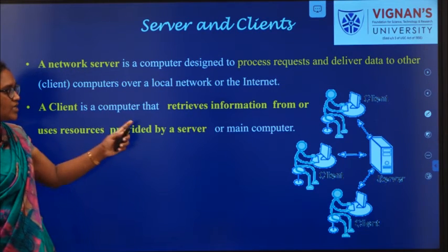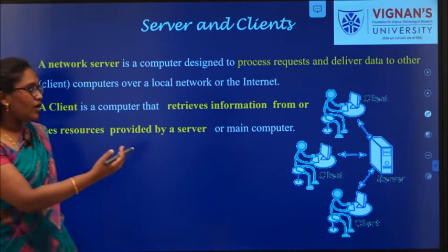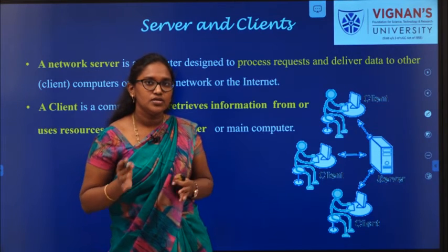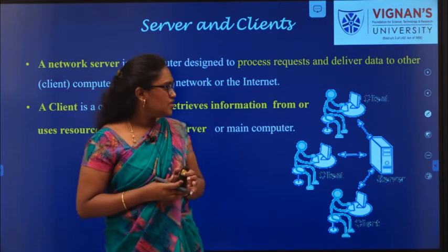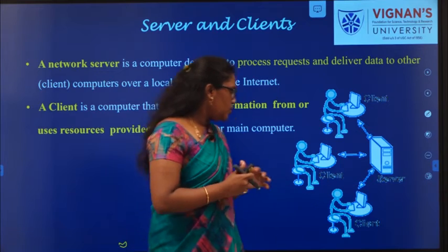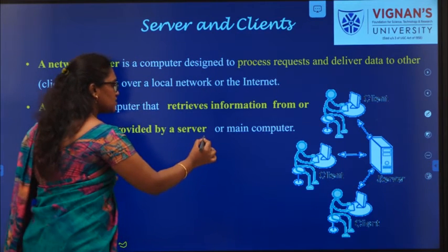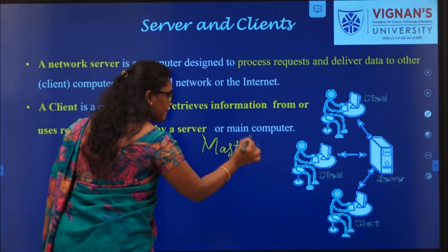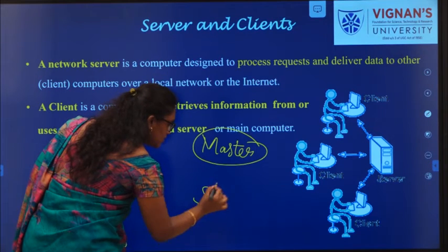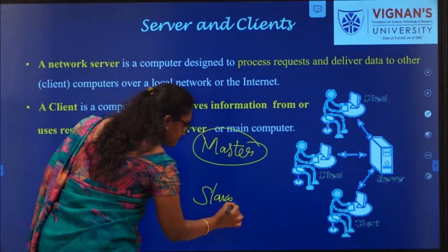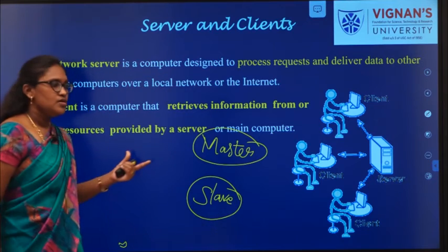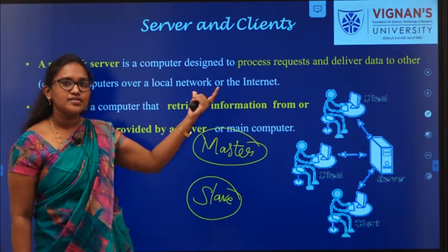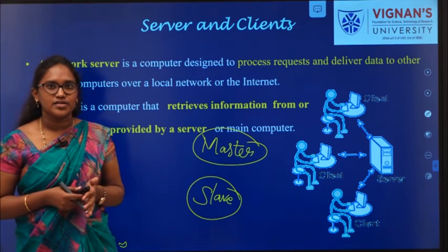First one, client server. We have already seen 80 pages distributed to 20 students in 4 batches, right. Here you have to remember this concept: master and slave. If you know the differences between master and slave, you can easily understand network architecture.